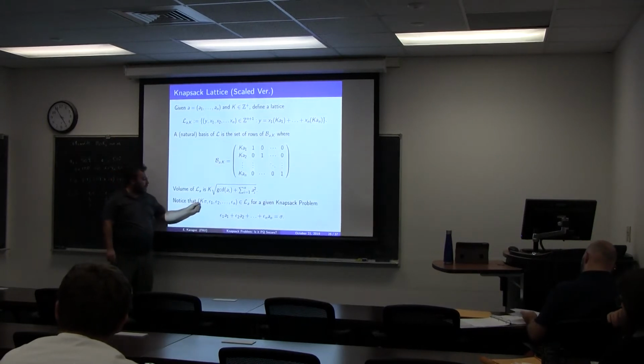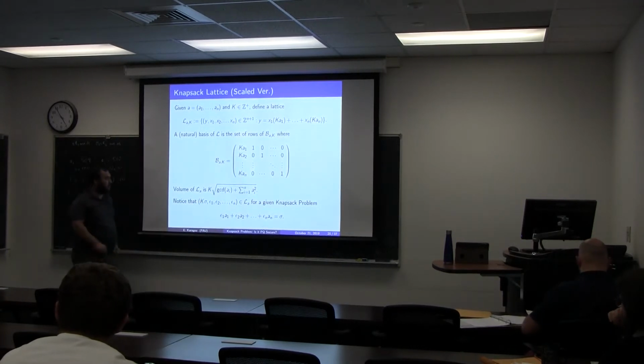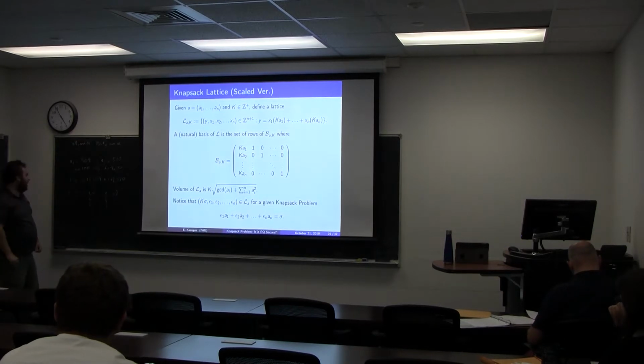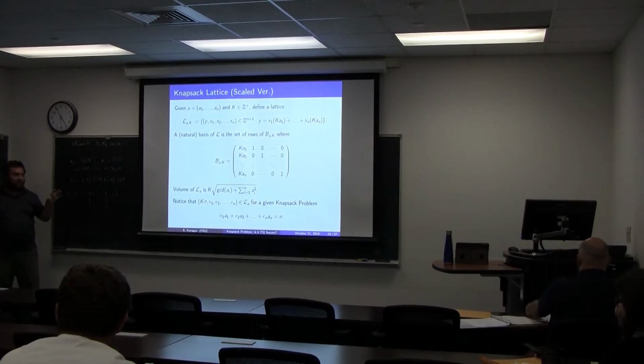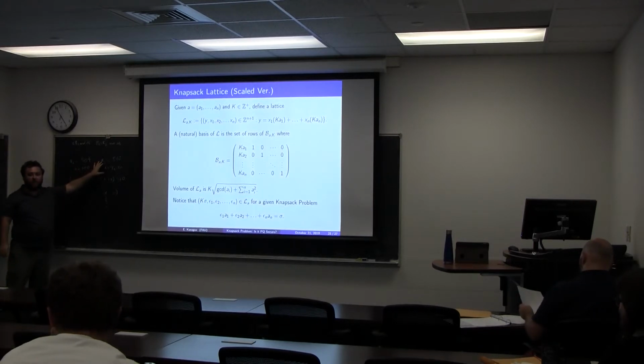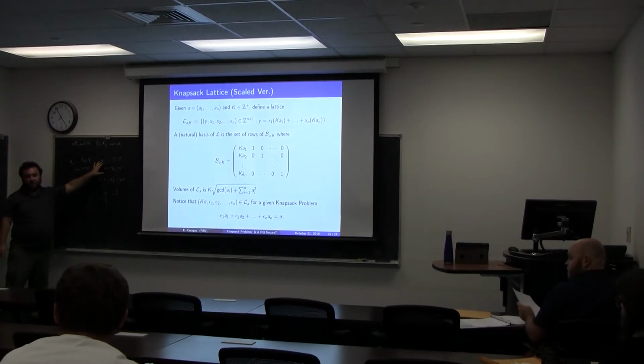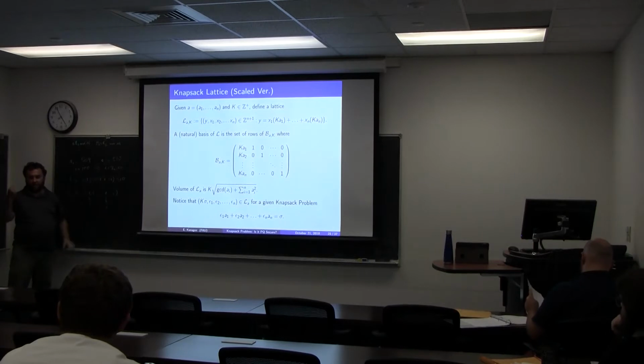And if you multiply this first column with k, you will not have such a short vector, because the gap between the ai and aj becomes larger and larger. Here, the gap between ai and aj is 1, correct? The difference between ai and aj is 1.